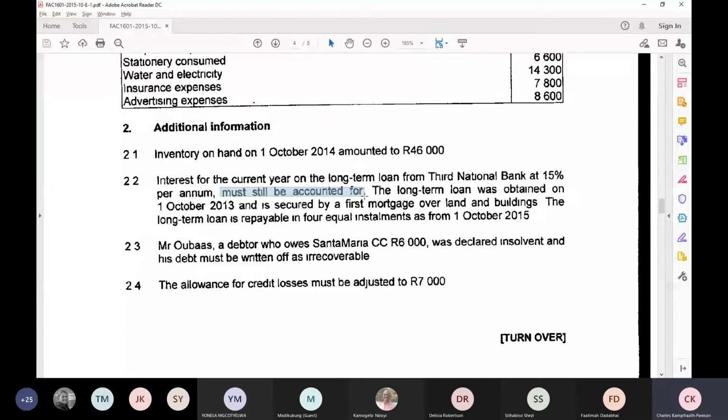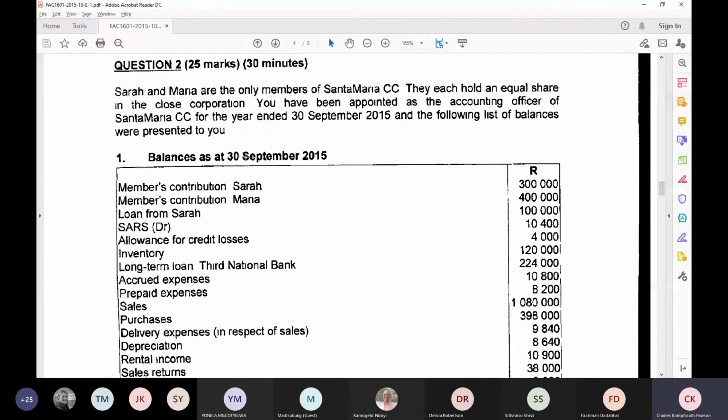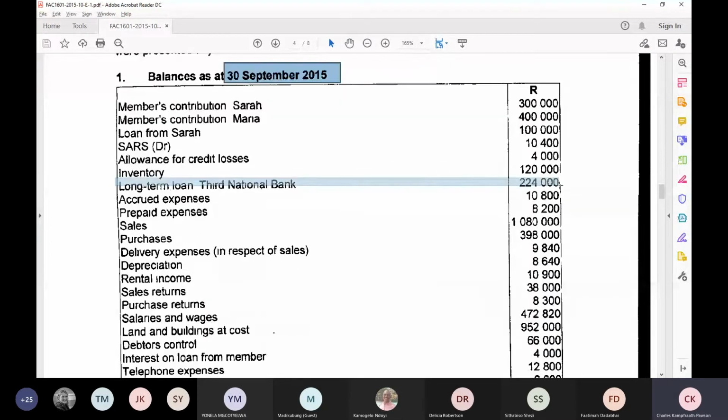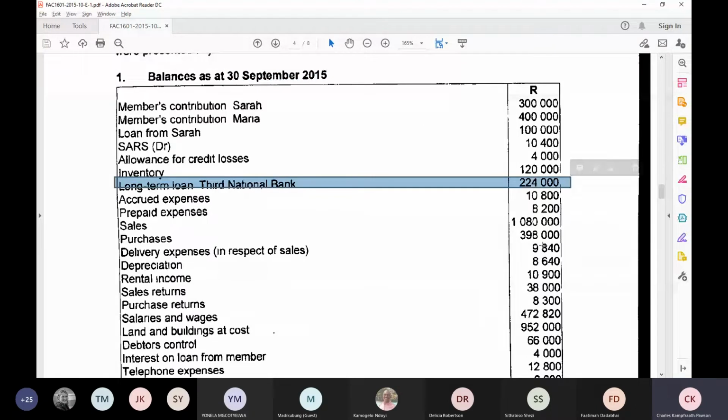The long-term loan was obtained on the 1st of October 2013 and is secured by first mortgage over land and buildings. The long-term loan is repayable in 4 equal installments as from the 1st of October 2015. So that tells us if we look at this date, no repayment has occurred yet. In other words, the amount that is there is still the full amount. So we can apply the percentage on that amount, which is 15% times 224.